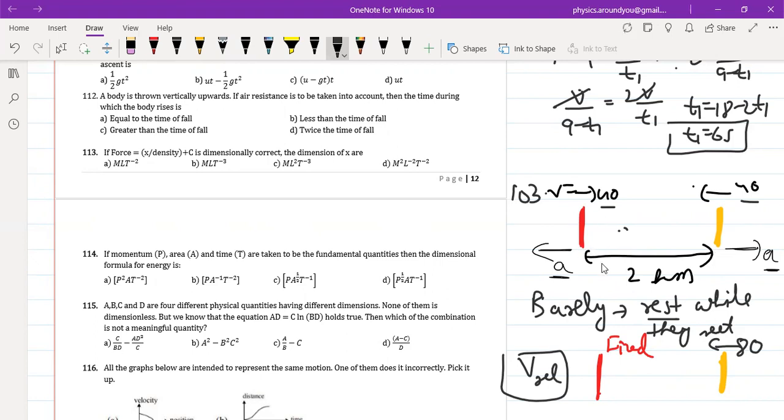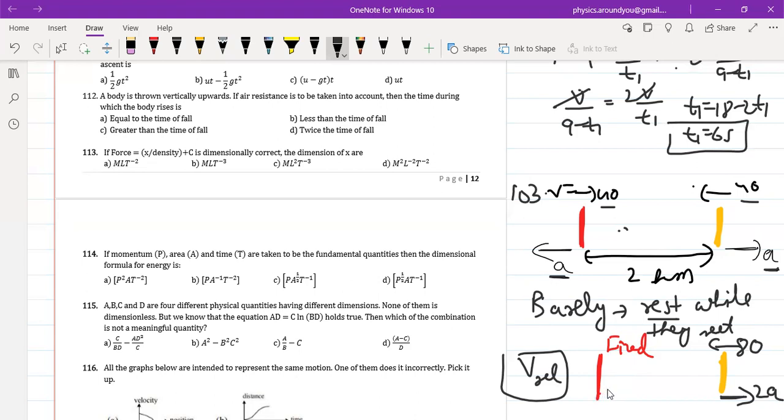Again, we see both of them are opposite. Can you see they are opposite? So both of the arrows will add up, and the total acceleration of the second with respect to the first is a plus a, which is 2a.